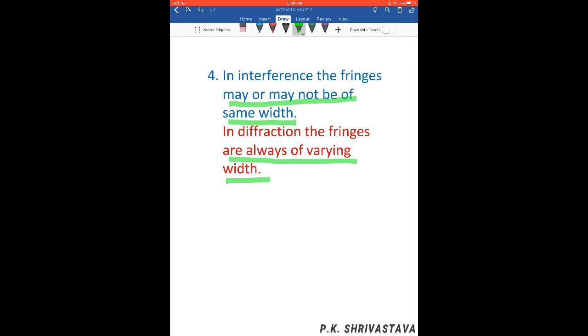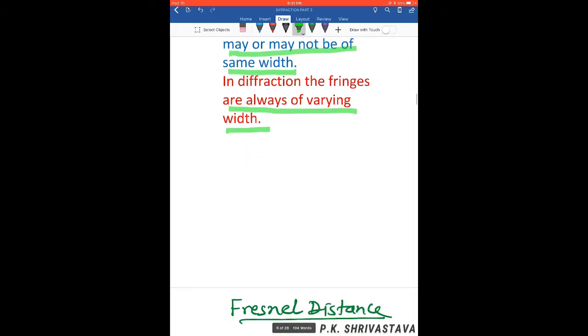So in diffraction fringes are of unequal width, whereas in interference, fringes may or may not be of the same width. One more difference is there. In interference, the number of fringes is large as compared to the number of fringes in diffraction. This is also a difference between interference and diffraction. So this is all about the difference between interference and diffraction.